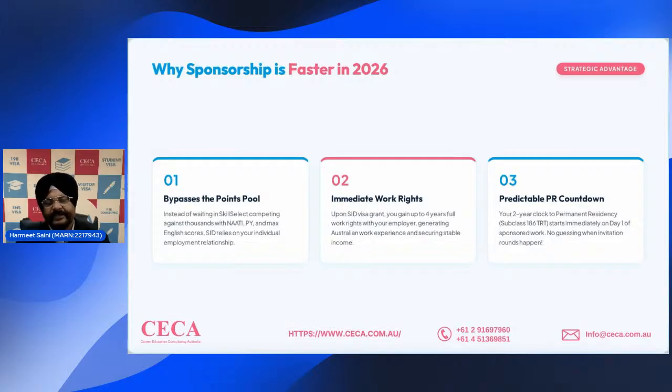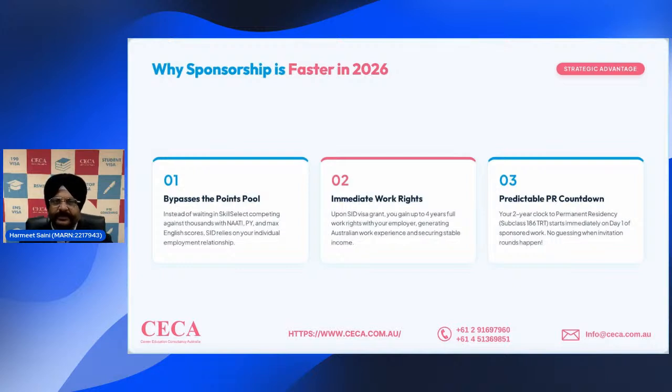The English requirement is also quite low for these visa subclasses. And moreover, you get the immediate right to work on these visa subclasses. You can work full time as well, and definitely a guaranteed PR pathway, as I said. So the predictable PR countdown begins when this visa is granted to you.